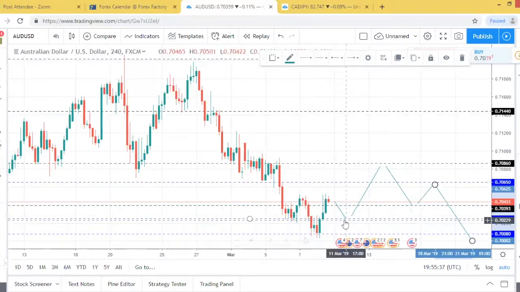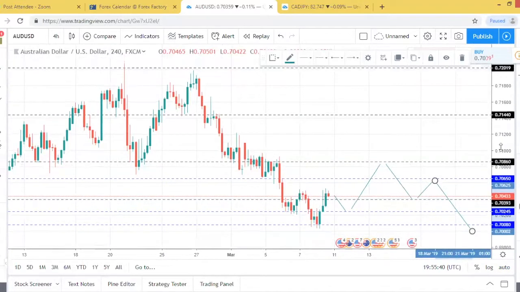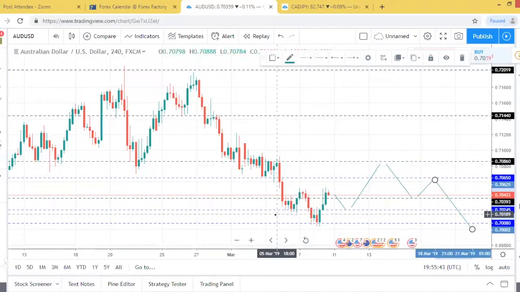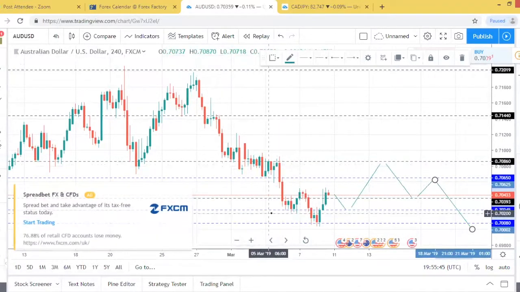But I think there's too good of an opportunity for us to pass up on a potential counter trend position to the upside, because, guys, our stop loss is going to be sort of between 70.24 and about 70.6.